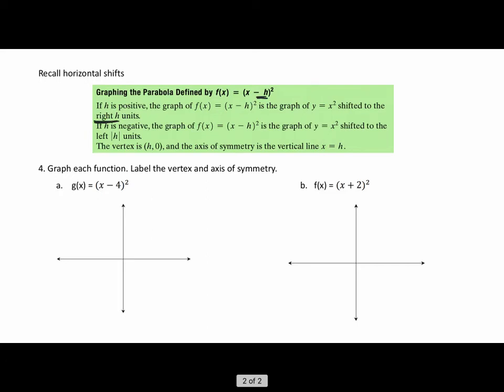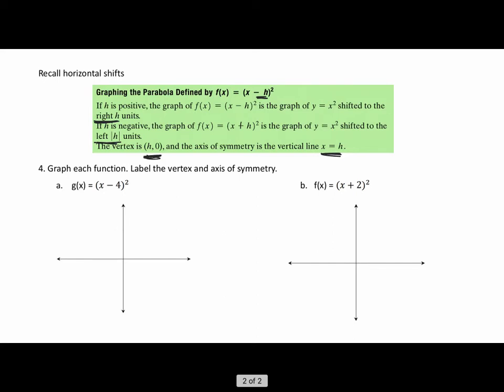If h is negative, then this will look like x plus h, where we're going to shift to the left h units. So that vertex is going to change. It's going to be moved left or right. And the axis of symmetry will also change as well. Whatever h is, whatever that number, the opposite of that will be the vertex x-coordinate and the axis of symmetry line.